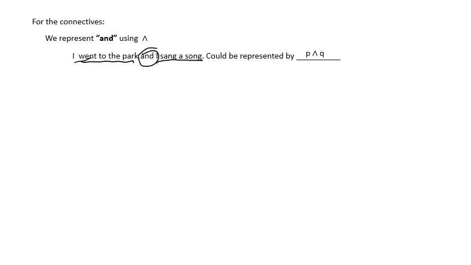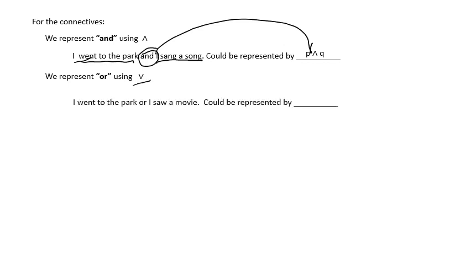Our connective is and, represented by that symbol. We represent the word or using this symbol. I went to the park or I saw a movie. So here's a simple statement. Here's a simple statement. They don't contain any negations. They're joined together with or. We could represent this by P or Q.